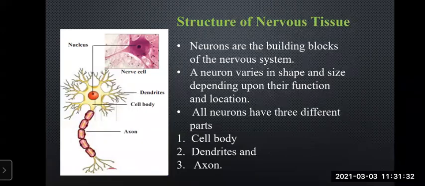There is a network of such neurons in our entire body. These neurons are our windows to the outer world as well as the internal world. Whatever changes are happening in the external environment as well as in the internal environment of our body is sensed, is received by this neuron, and accordingly our body will respond.